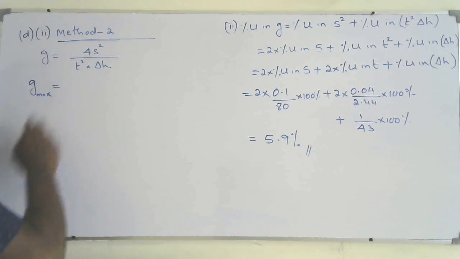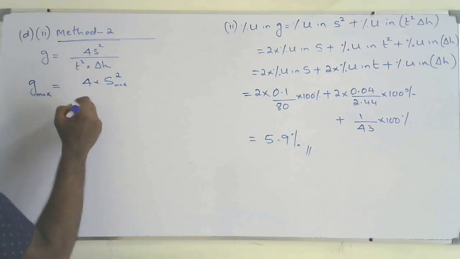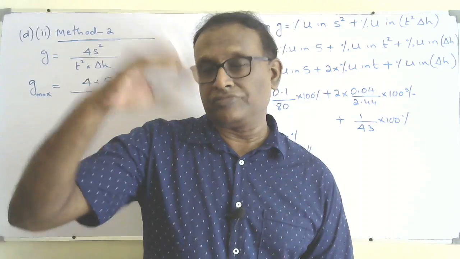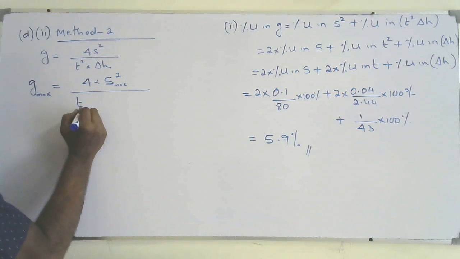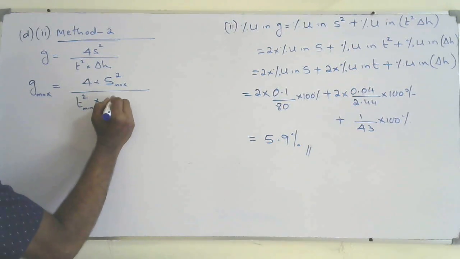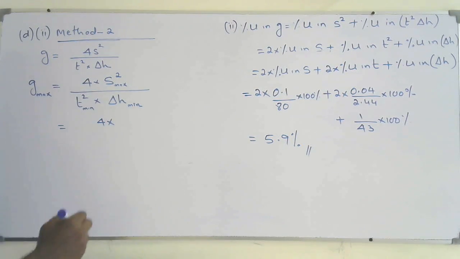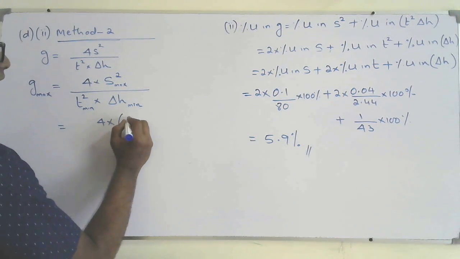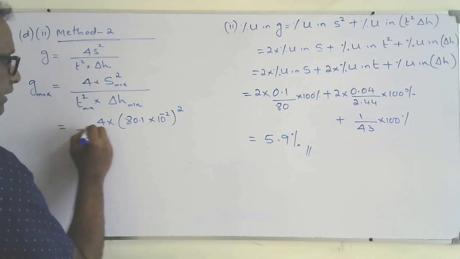So G max equals 4 S max squared, the maximum value of S. You know from IGCSE mathematics that in a fraction, if you want to get a maximum value, the denominator should be the minimum. So I should get T minimum. Delta H also I need minimum. So 4 times S max, which I already told you is 80 plus 0.1, that is 80.1 centimeter, convert to meter, all squared, divided by time.